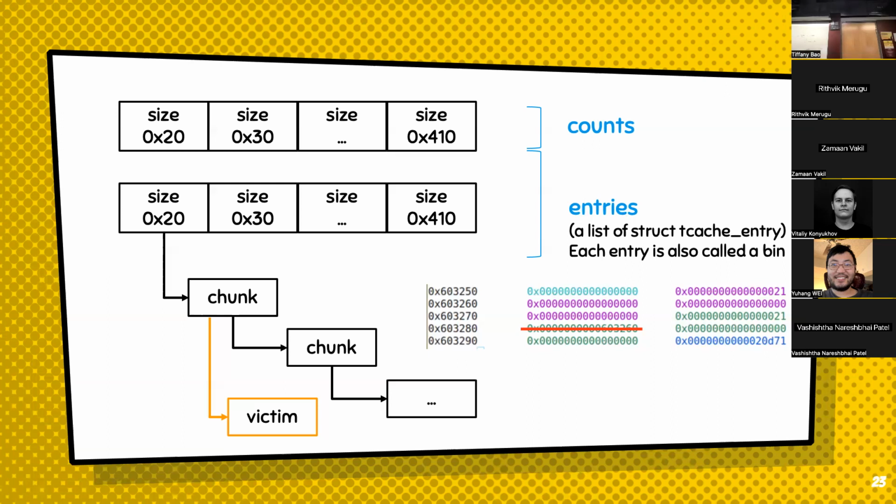say P is equal to malloc, right? And then you free P, right?